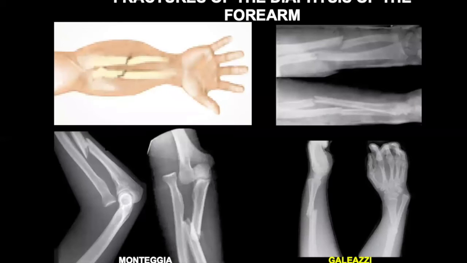Fracture of the diaphysis of the forearm. It's also common, but you must know that there are two very serious injuries: Monteggia and Galeazzi fractures. In the first case, you have a luxation of the radial head and a fracture of the ulna, and the opposite, a fracture of the radius and luxation of the ulnar head.